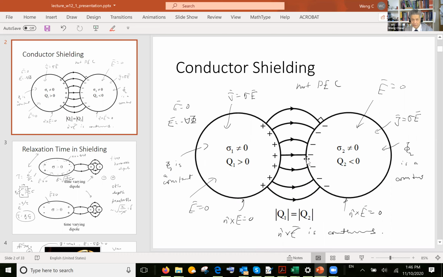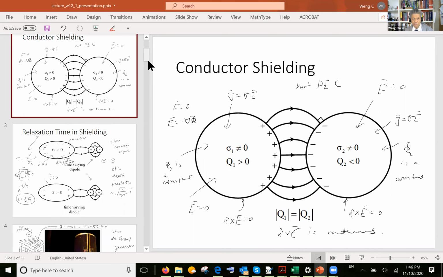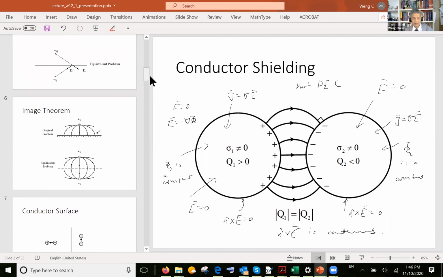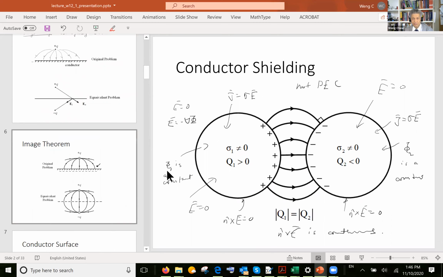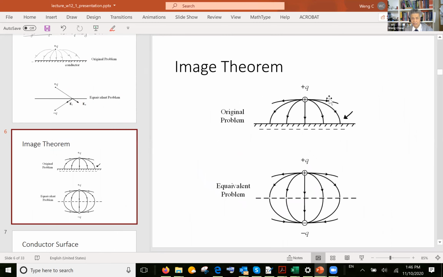So the electric fields are all normal to this surface, due to Faraday's law and the fact that the electric field is 0 inside. For the same reason, if you have a conductor with a positive charge there, the electric field must be perfectly normal to the surface, and you can obtain that by using a symmetry argument.